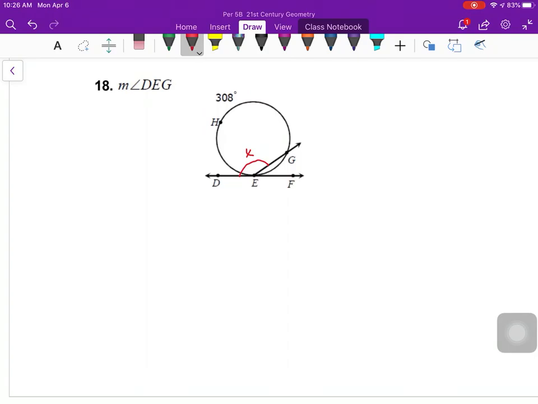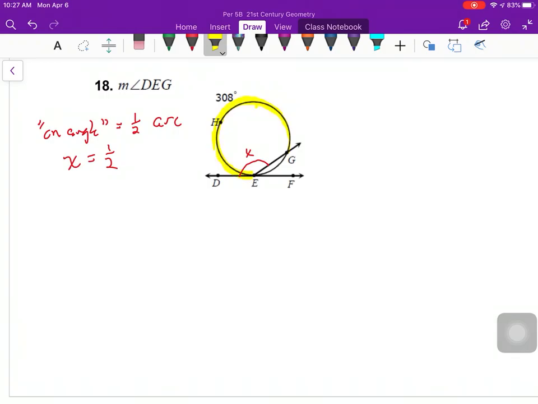Angle DEG. Well, angle DEG would be this angle out here, and that's actually an on angle. So that's going to be equal to half of the arc.